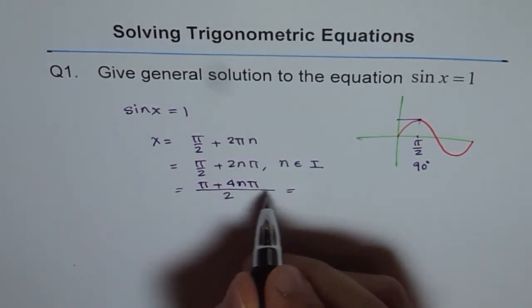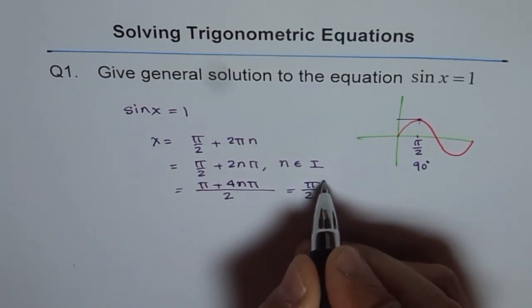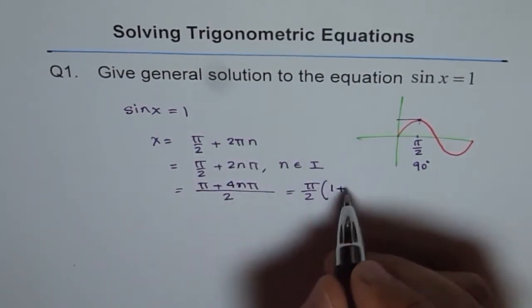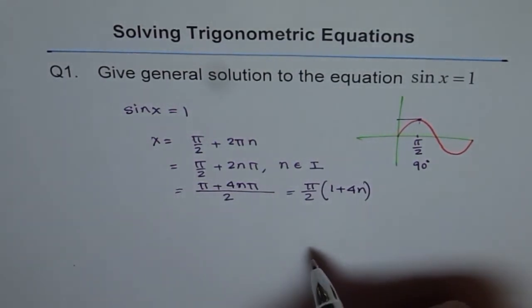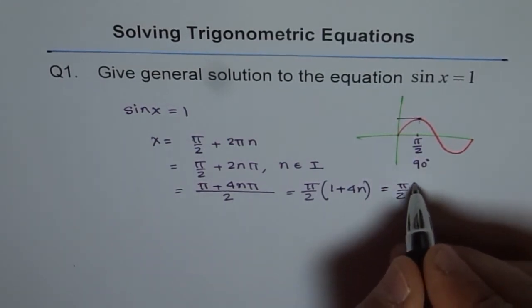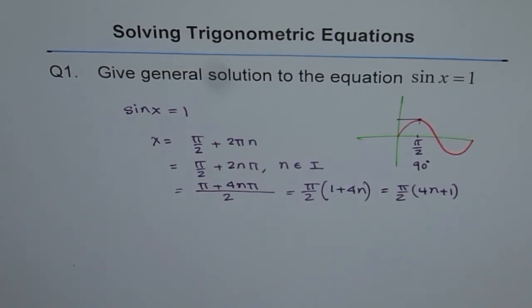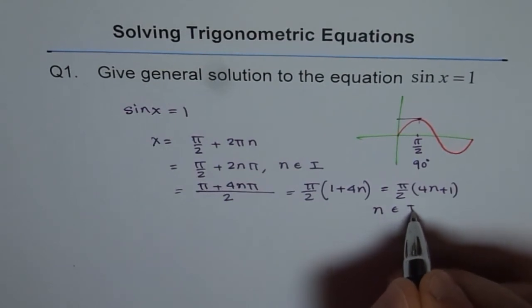Now I can take pi by 2 common, and then I get 1 plus 4n, right? So in multiple choice, that could be one of the solutions. Or this could be written as pi by 2 times (4n plus 1), where n belongs to the set of integers.